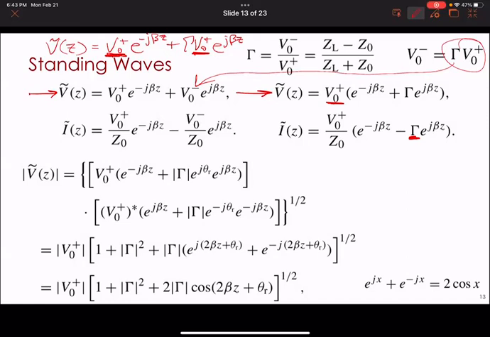So for instance, you see standing waves in water, like I was saying before. We're going to see them on a string. A place where you maybe don't realize it, but there are standing waves, is in your microwave at home. Your microwave is a box that injects high power microwaves. That's why it's called a microwave.